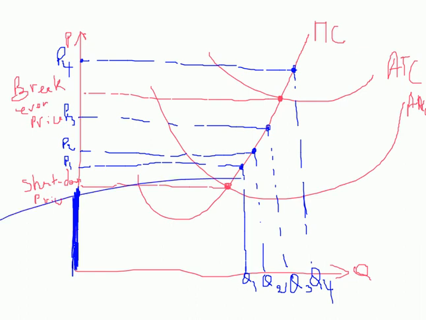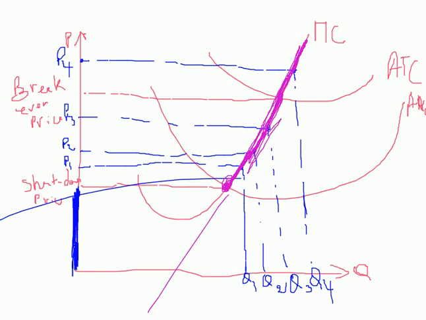So here we have this part. Starting from this point, the firm produces positive quantities. Okay? Then here we have, for different prices, the upper portion of the marginal cost curve that lies above the minimum of the average variable cost curve.